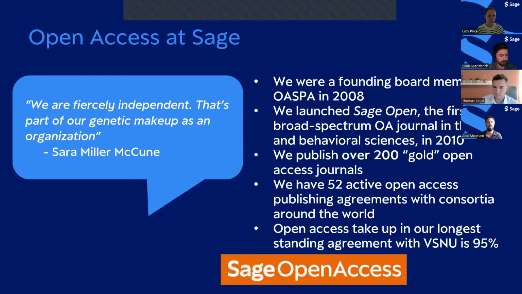Currently, Sage is engaging with the OA movements around the globe and with thought leaders involved in Plan S, which is the movement mainly based in Europe to push journal content towards OA, as well as with the US Office of Science and Technology as the United States forms a more cohesive strategy around OA. At last count, we have 52 active open access agreements in 32 countries across the globe, and more are sure to come, although how fast and how far reaching is yet to be seen.